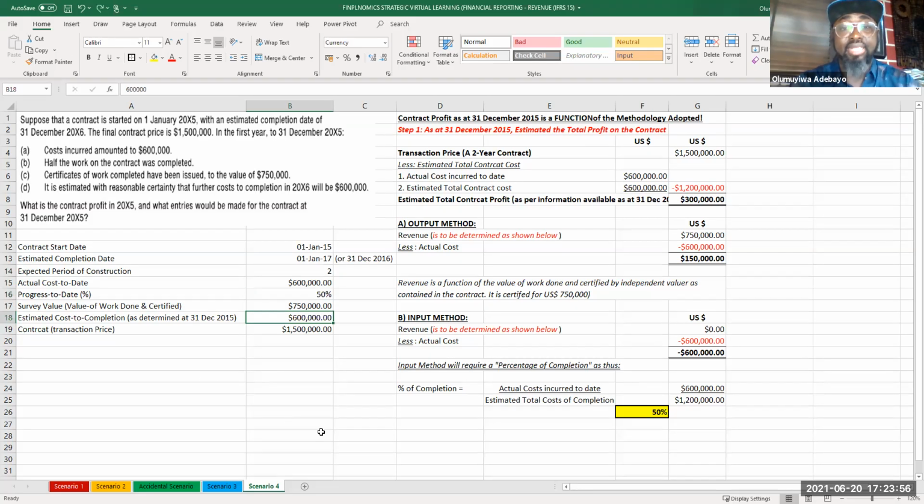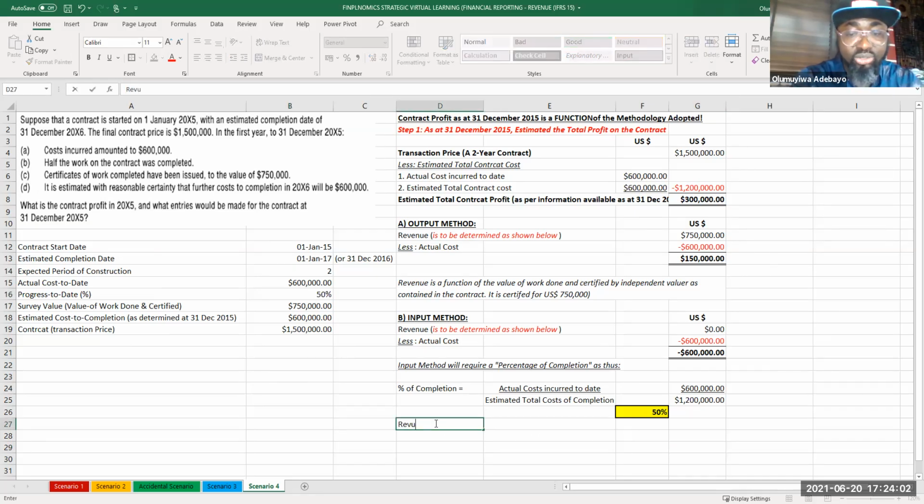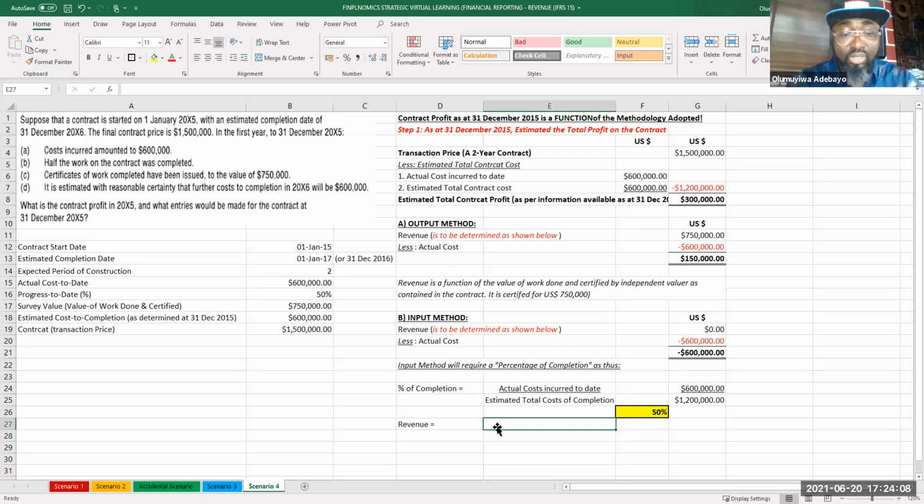Okay, that is that. Now, this percentage is what will now be used to determine revenue. Revenue will now be equal to the percentage of completion multiplied by the transaction price, or what you call the contract price.